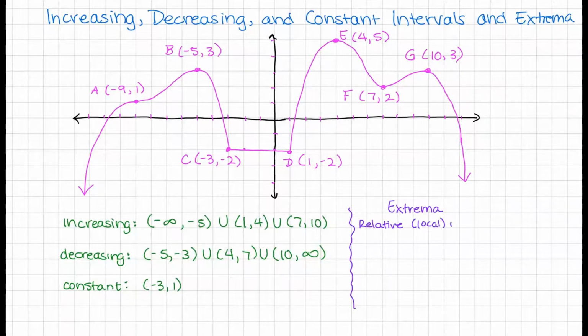Just depends on who's speaking. And honestly, sometimes I use them interchangeably too. I haven't picked one. So we have relative minimums or local minimums. We have relative maximums or local maximums.